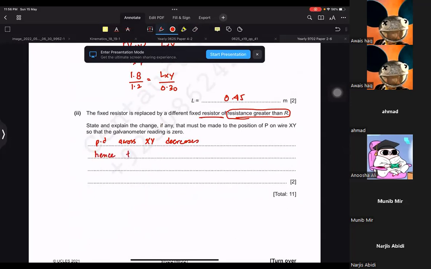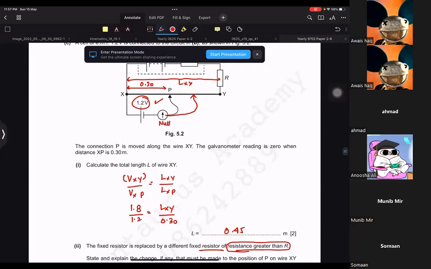Hence, the point must move to a greater length such that the voltage across XP increases as well. Otherwise, it would not balance again.